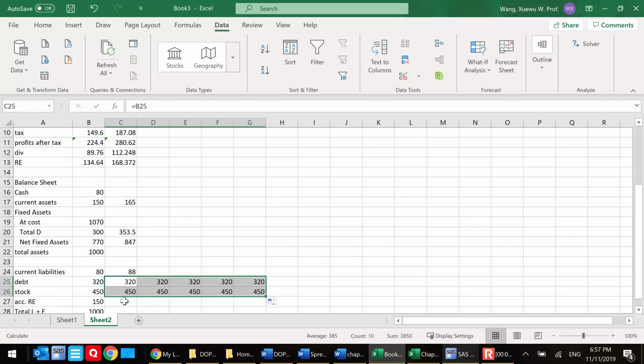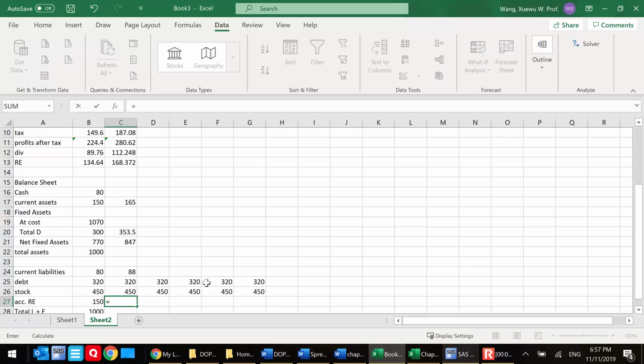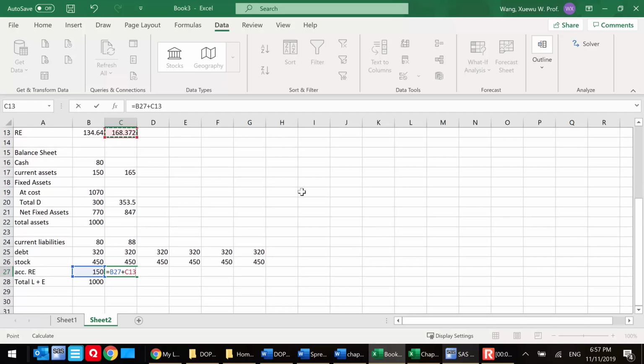And I'm going to look at total accumulated retained earnings. So that's the total accumulated retained earnings as of last year plus what you can accumulate this year. All right. So now I'm going to actually look at the total liability plus equity. Yes, it seems like I copied this across. All right. So I'm going to solve cash as the plug.